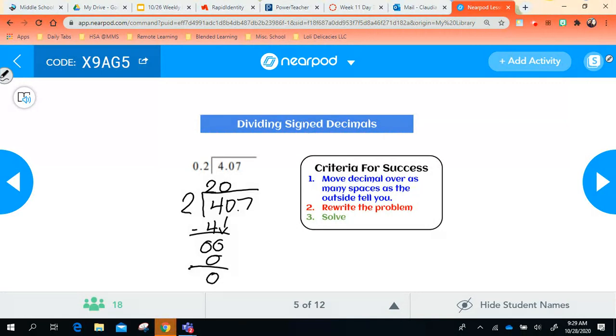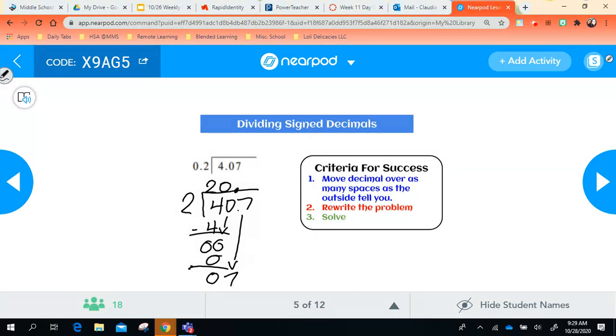Subtract is 0. Bring down my 7. When I bring down my 7, I'm going to take that opportunity to bring up my decimal. Because chances are, if I don't bring it up when I come to it, I will forget later. True story.